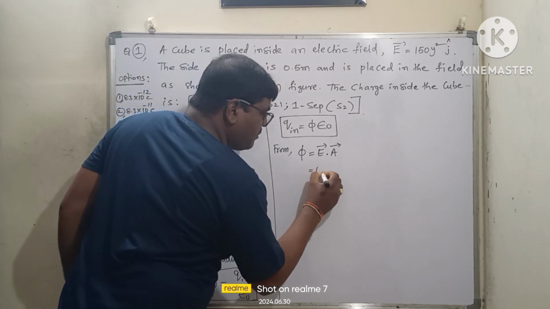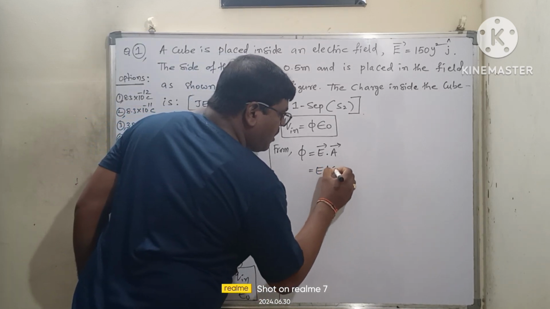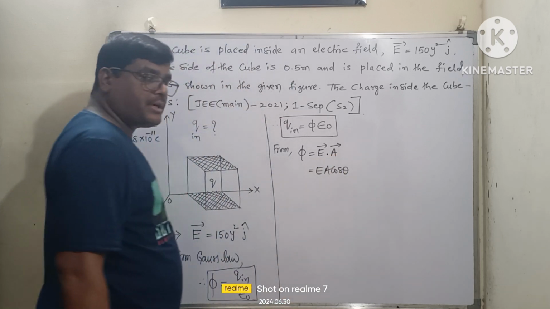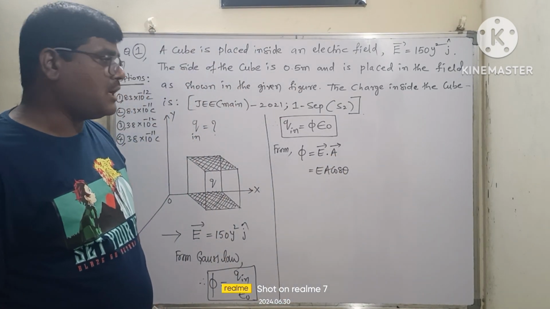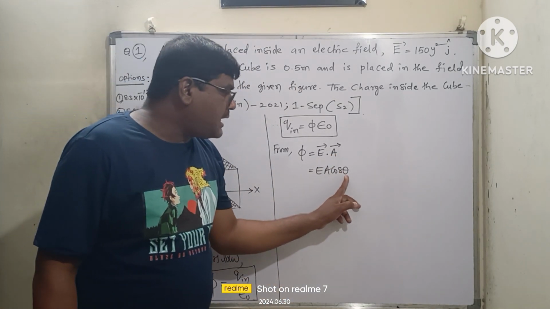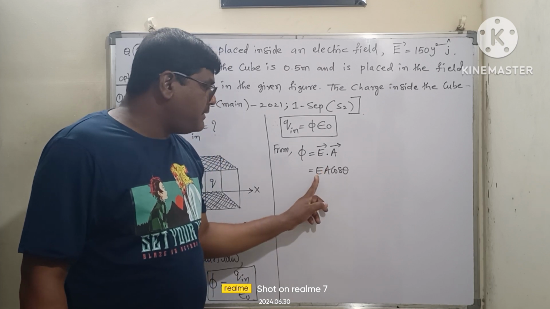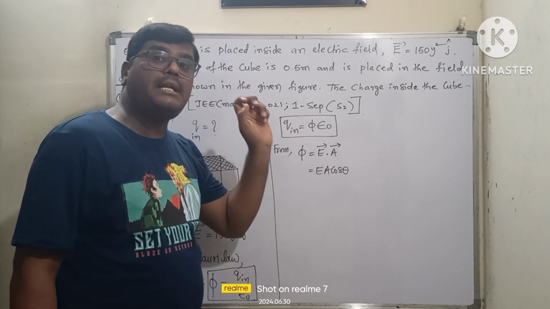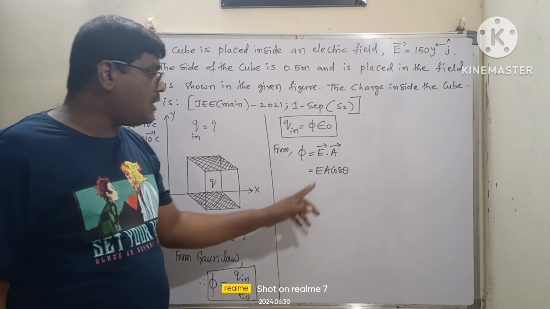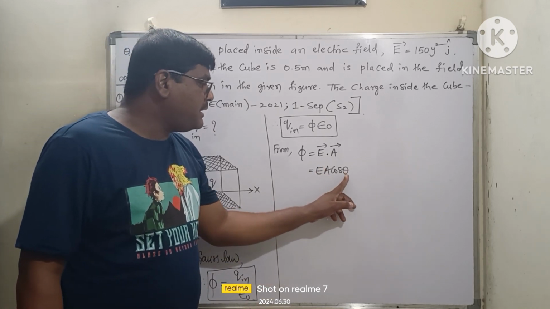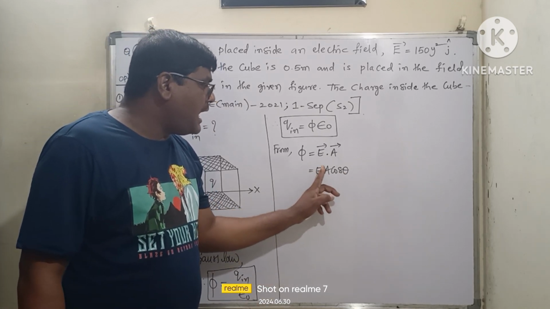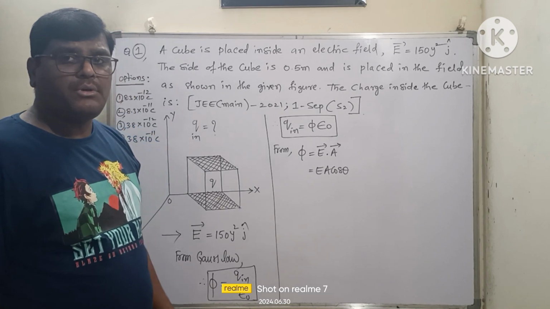It can be written as EA cos theta. What is theta here? Theta is the angle between the electric field and the area vector, not an area. We have to take the angle between the electric field and the area vector.